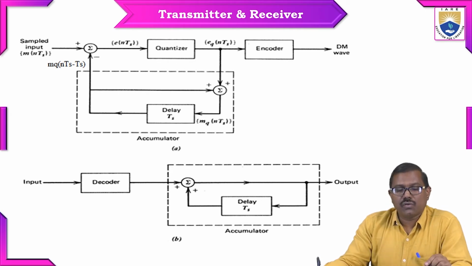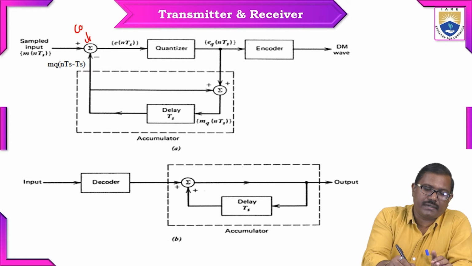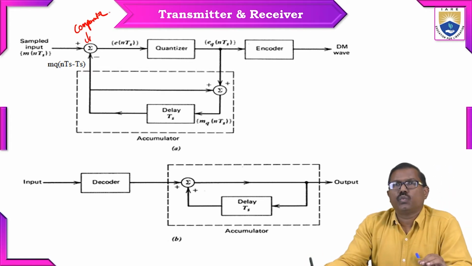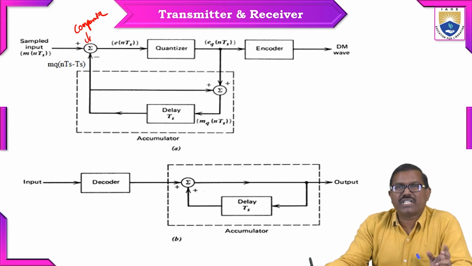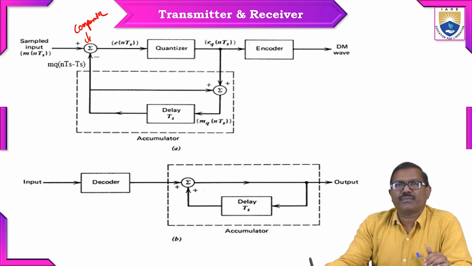Okay. So here we have a comparator, which compares two signals. One is the sample input signal, and the second one is the delayed version of the approximation, mq of nTs minus Ts.